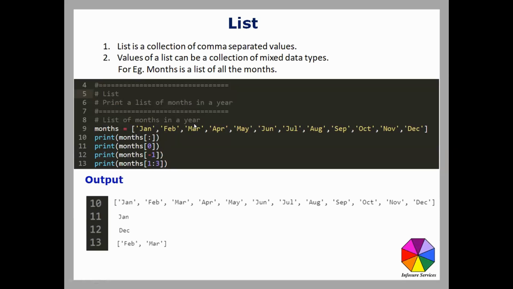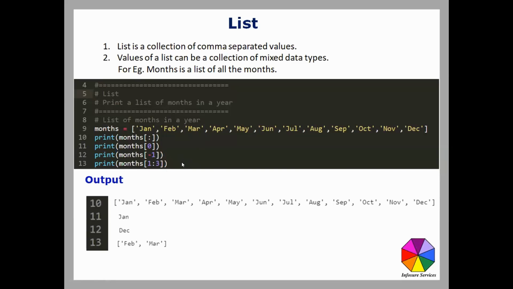So 1, 2, and 3 will not be taken. Always the slice ending value will not be taken. So Feb and March will be printed. Is this clear? These are zero indexed. So when I say months 1:3, it starts at Feb and goes till the third, but skips the third. So 1 and 2. I can take a portion of that list by what's called a slice.